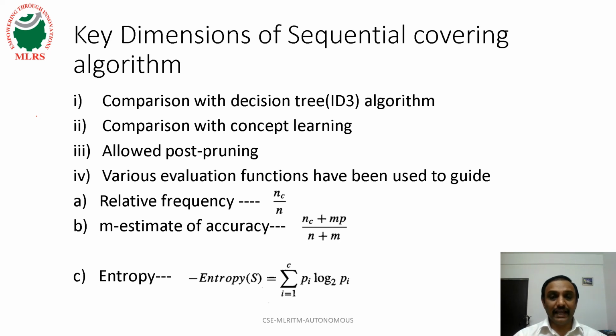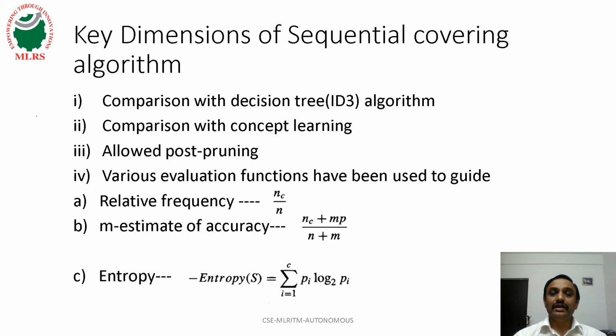We calculate the entropy and information gain of all the attributes, and we identify the root node. But in the case of our sequential covering algorithm, how do you take the root node? The most general thing is taken as the root node. Okay, that is the difference between these two.